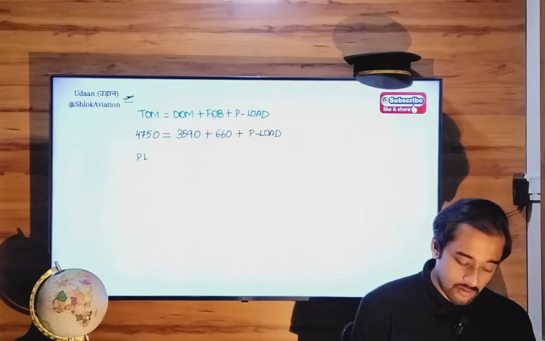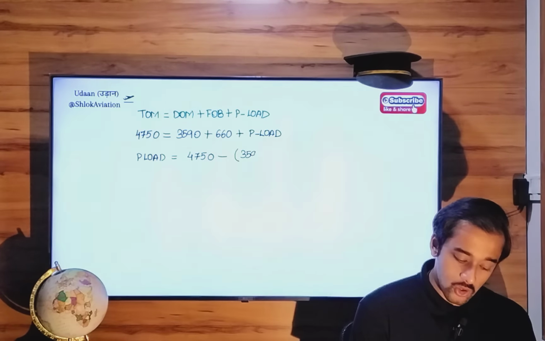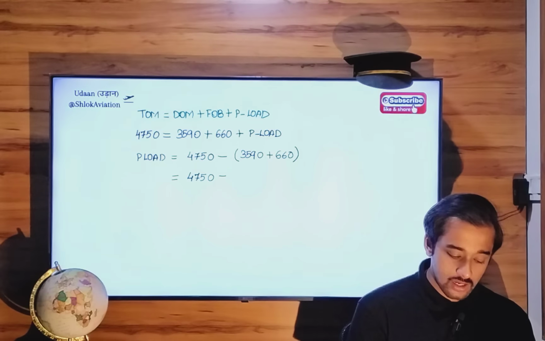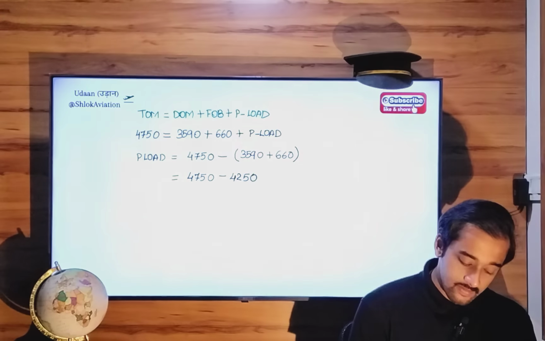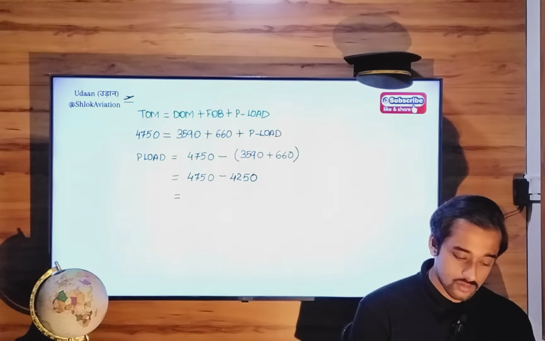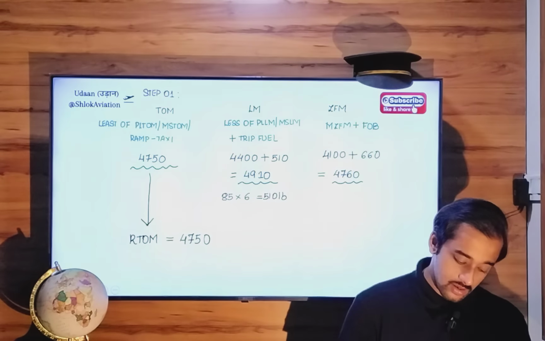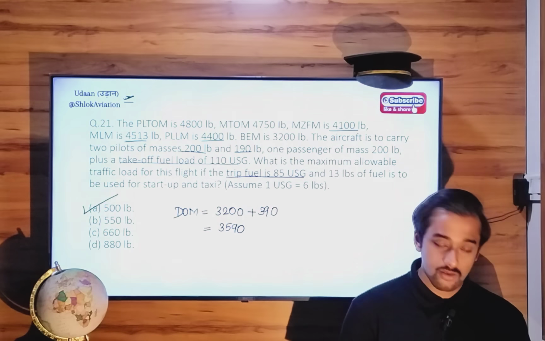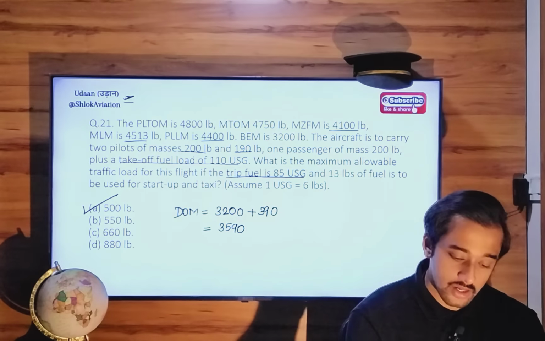So payload will be equal to 4750 minus 3590 plus 660. 3590 plus 660 is 4250. So 4750 minus 4250 is equal to 500 pounds. The correct answer is option A, 500 pounds. So question 21 is 500 pounds.